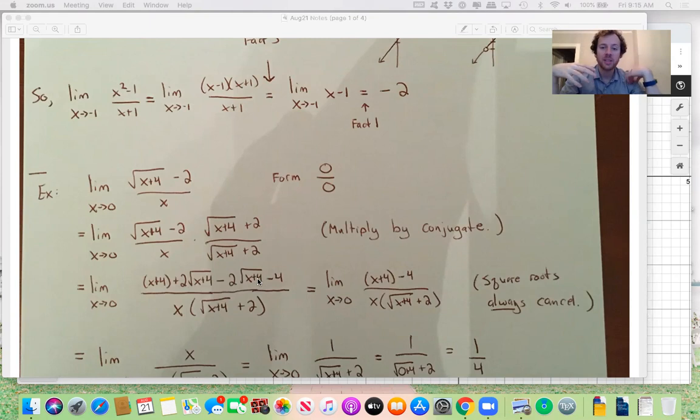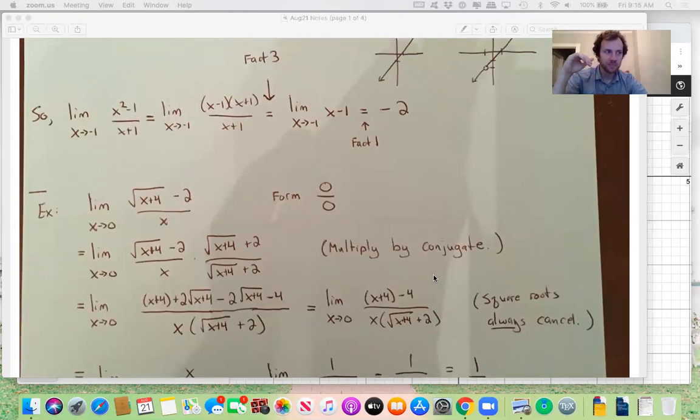And what we can know is that this always happens. If you do this multiply by the conjugate move, the square roots will always cancel each other out. And we'll end up with no square roots at all on the top.